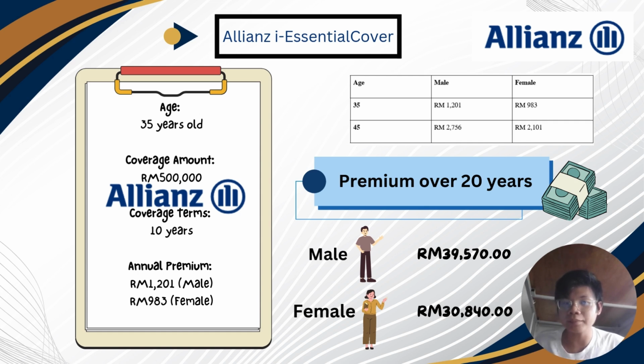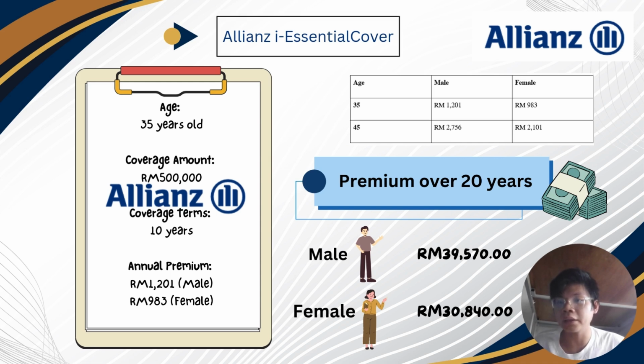Based on these premiums, I have calculated the total premium paid over 20 years. For a male, the combined cost of premiums at age 35 and 45 is 39,570 ringgit, and for a female, it is 30,840 ringgit. This calculation assumes the same plan renewal after the first 10 years.